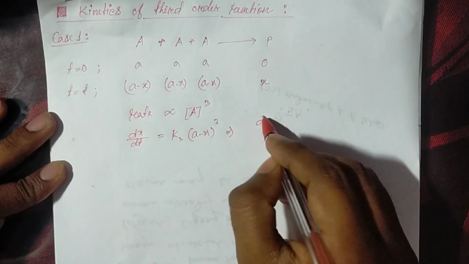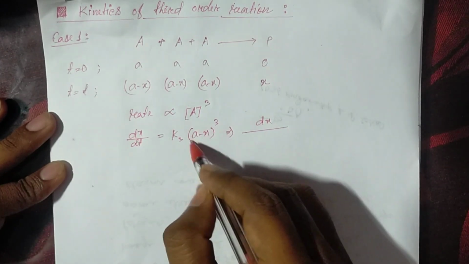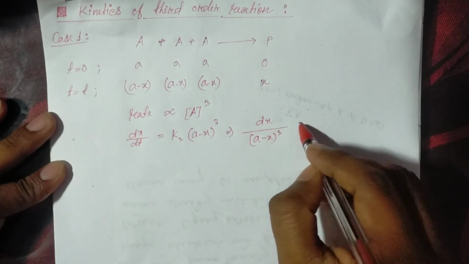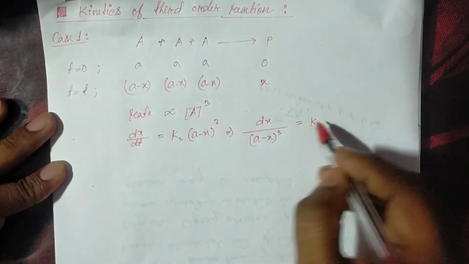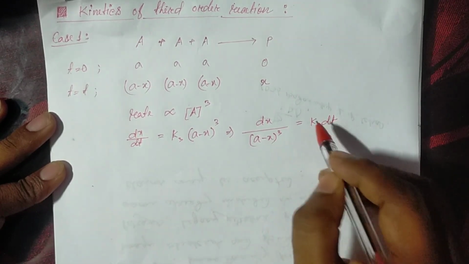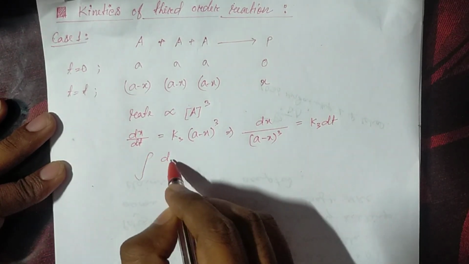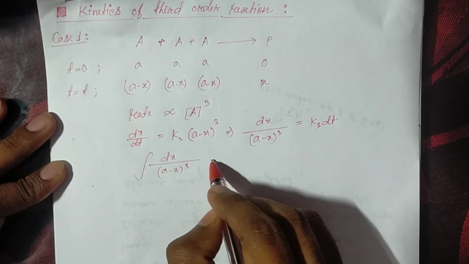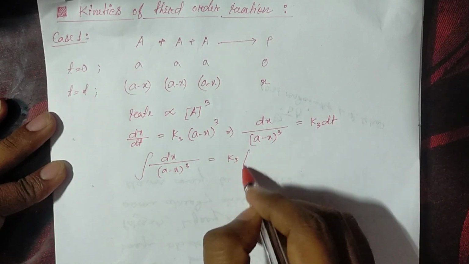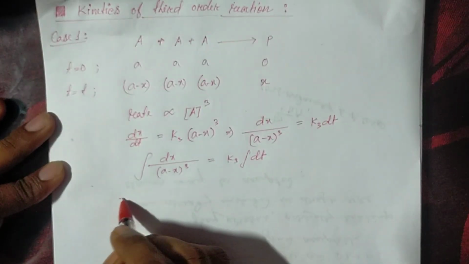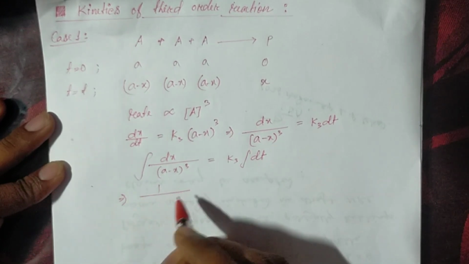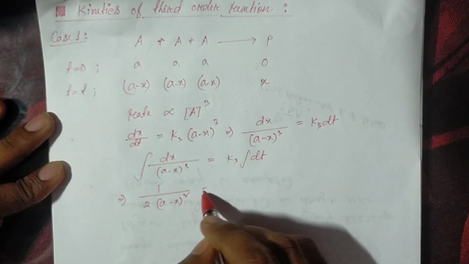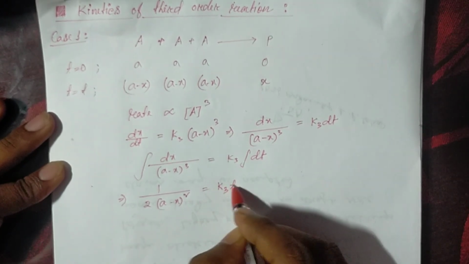So we will write dx upon (a minus x) whole cube is equal to k3 dt, and when we integrate this equation, it will give you 1 by 2 (a minus x) whole square is equal to k3 t plus c.